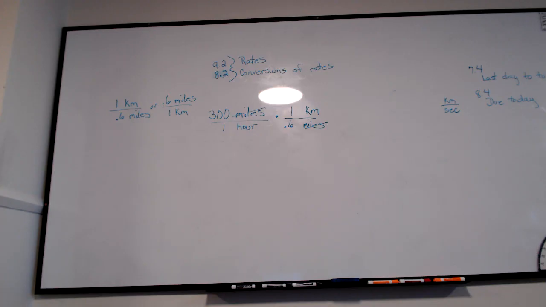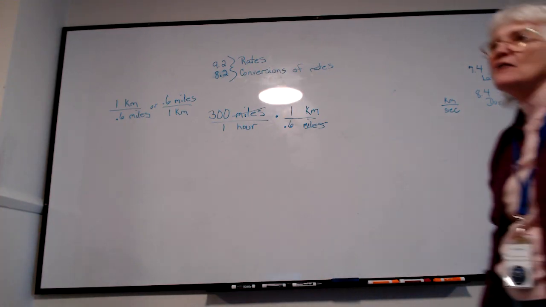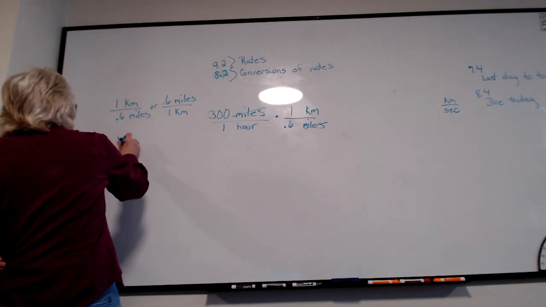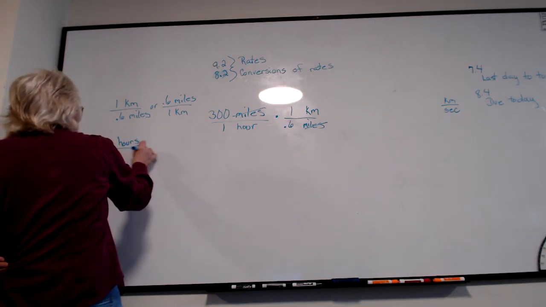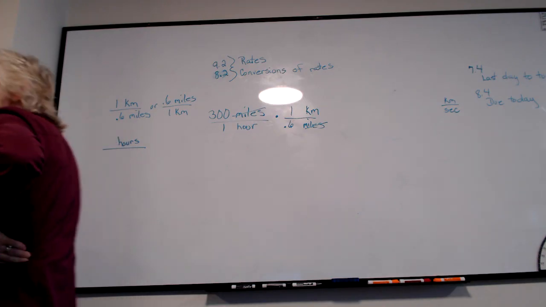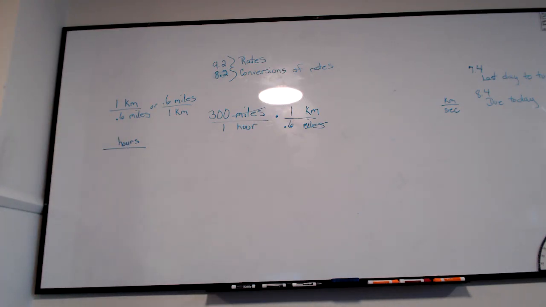What do I want for my unit of time measurement? Seconds. I know a conversion? We have hours right now. And there's 60 minutes in an hour, and 60 seconds in a minute. So how many seconds are in an hour? 3,600. Okay.